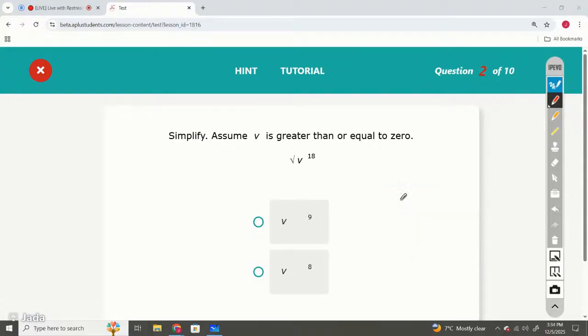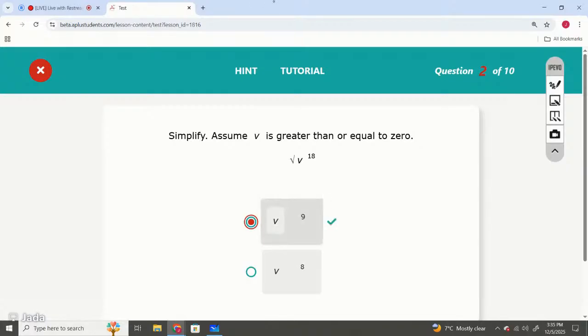So we can write it as v exponent 18 to the power 1 by 2. That is v exponent 9. Option number 1 is the correct option.